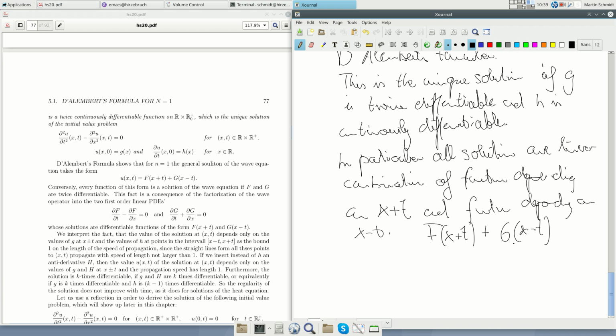Yeah, and this is nothing else but the consequence of the factorization. Yeah, this is again a factorization. These are the solutions of the equation d by dt minus d by dx of f is 0, and these are the solutions of d by dt plus d by dx of g is 0.